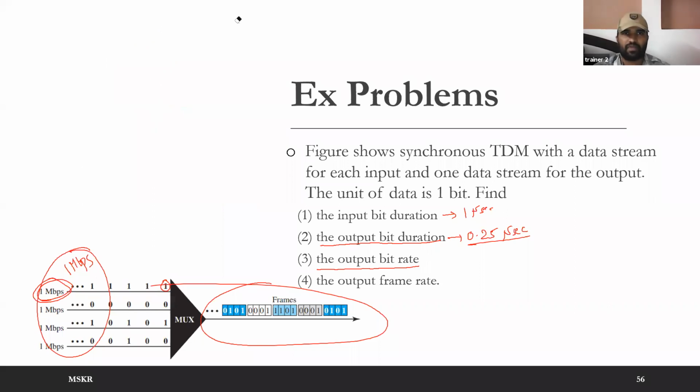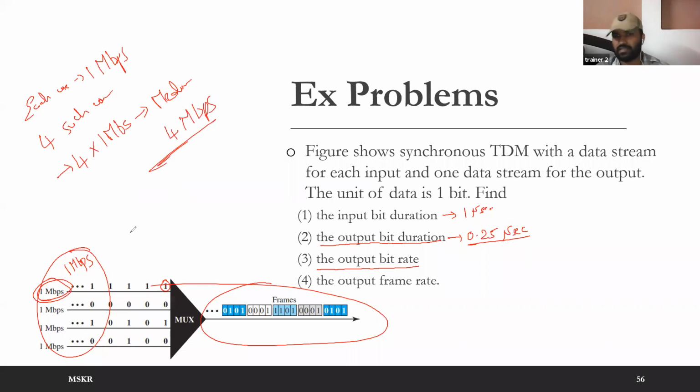If each user is sending 1 Mbps, and there are 4 such users, the 4 signals must be combined and sent through the medium, that is 4 Mbps. This is one way of getting the answer. It is not 1 by 4 Mbps, it is 4 Mbps.